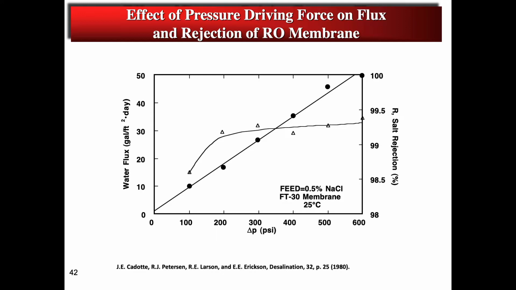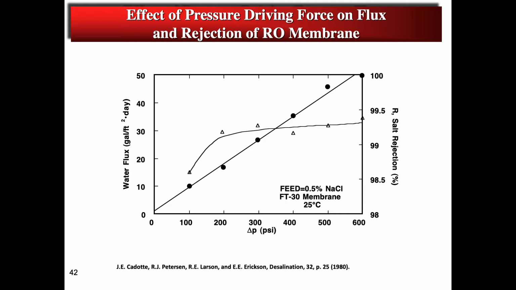The salt flux does not. It's largely independent of pressure, and as a result, the salt rejection gets better as these membranes are operated at higher and higher pressure, simply because you're putting more water through the membrane with the same amount of salt coming through it, and so the salt concentration in the permeate is going down.